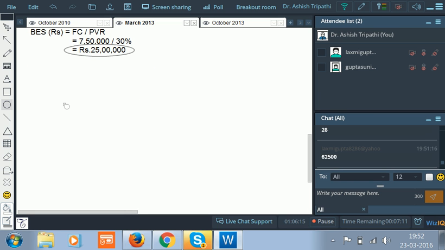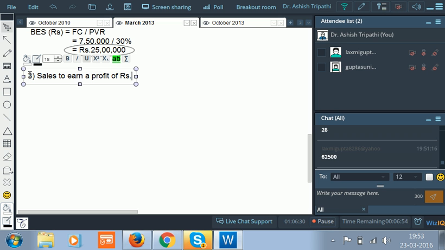Now let us try to calculate the third part. So the third part is sales to earn a profit of rupees 4,50,000. So let us give the heading. Third, sales to earn a profit of rupees 4,50,000.